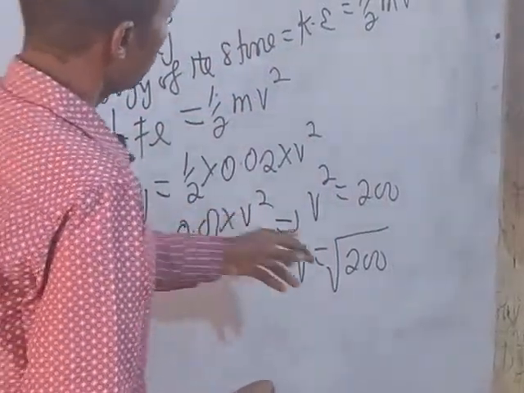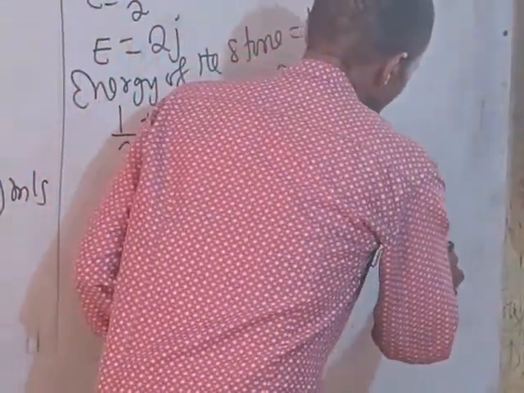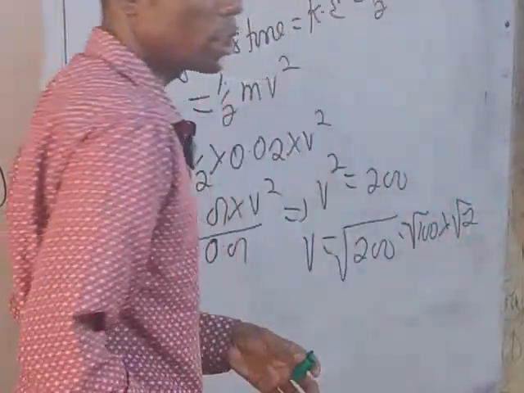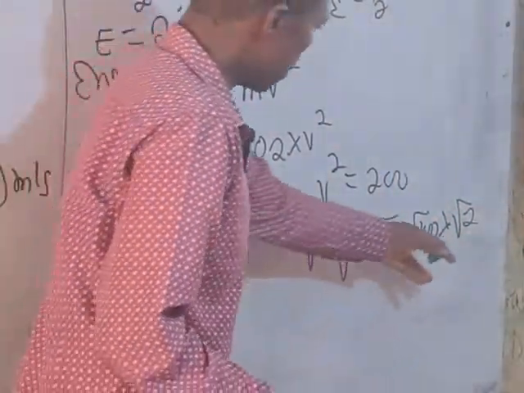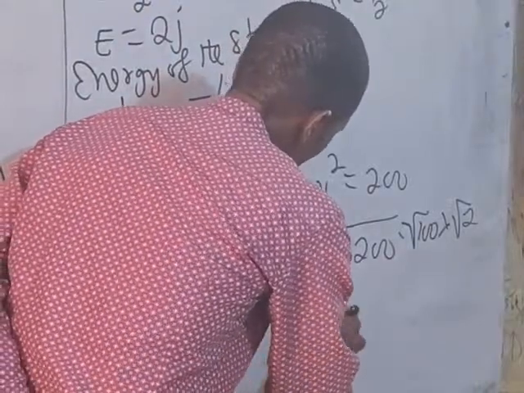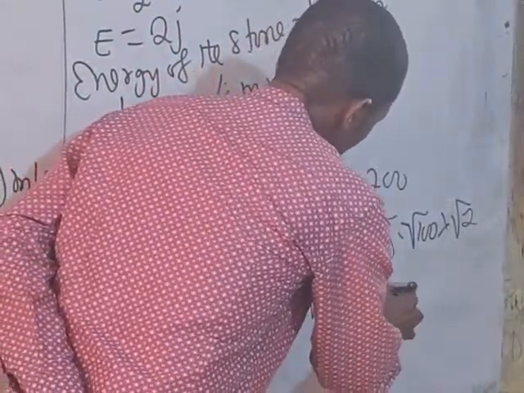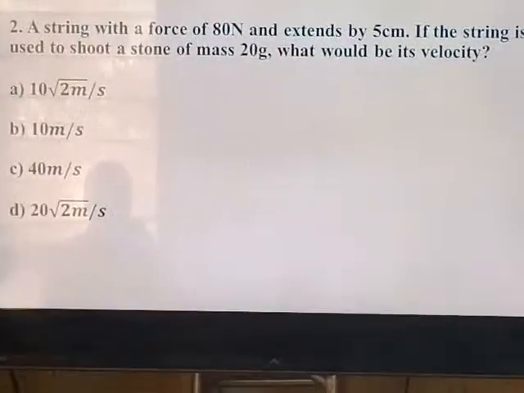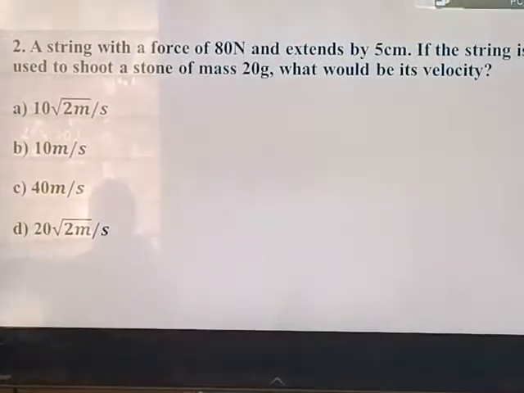200. Now 200 can be written as the square root of 100 times the square root of 2, isn't it? Using our surd. And what's the square root of 100? That's right, that's going to be 10 times root 2. So that's going to be 10 root 2 meters per second. And if you take a look at the options, that's option A. So that's for that.